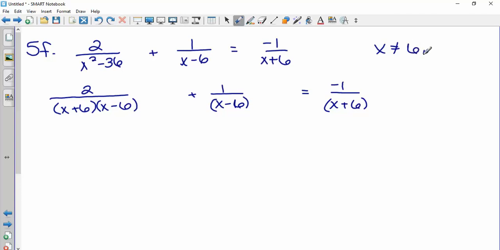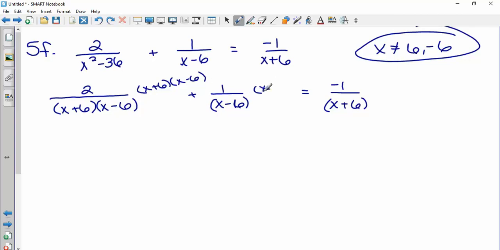6 and -6. Okay. So I have to multiply for the first fraction to get rid of it. We need to multiply by the x plus 6 and the x minus 6. And if you do it to one, you do it to all three. So these drop, this drops, and this drops.